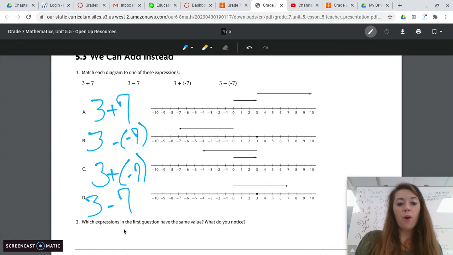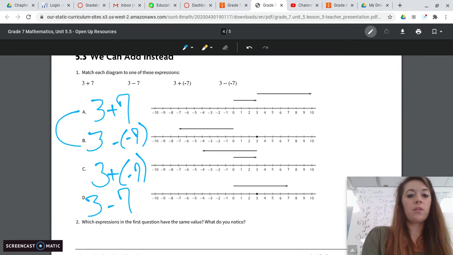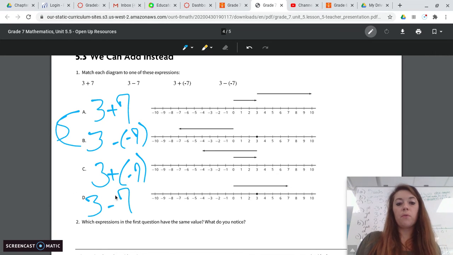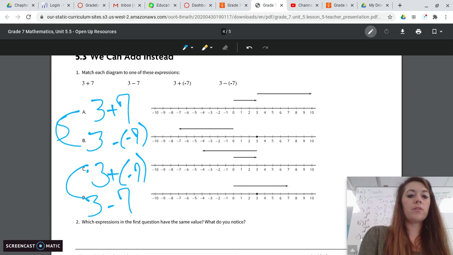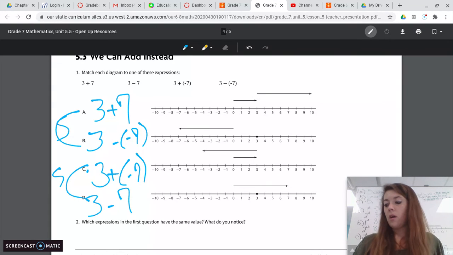So for number 2, which expressions in the first question have the same value? What do you notice? So 3 plus 7 equals 10. 3 minus -7 also equals 10. So these two are the same. But then these two, both are going to give us an answer of -4, so they're also the same.